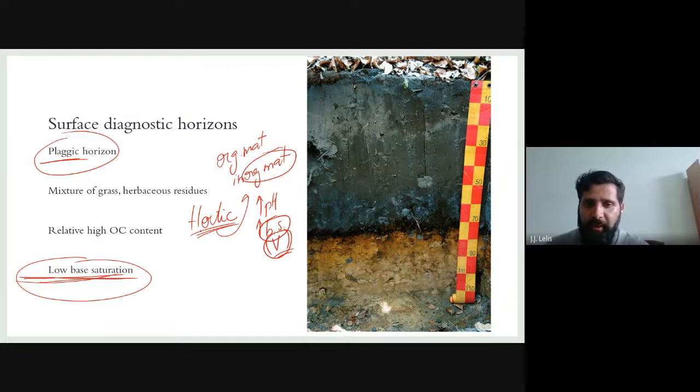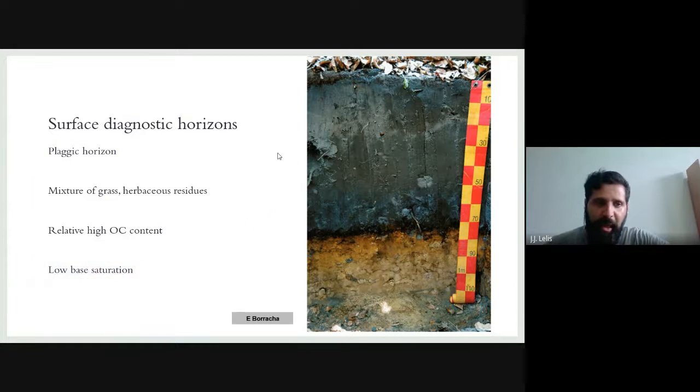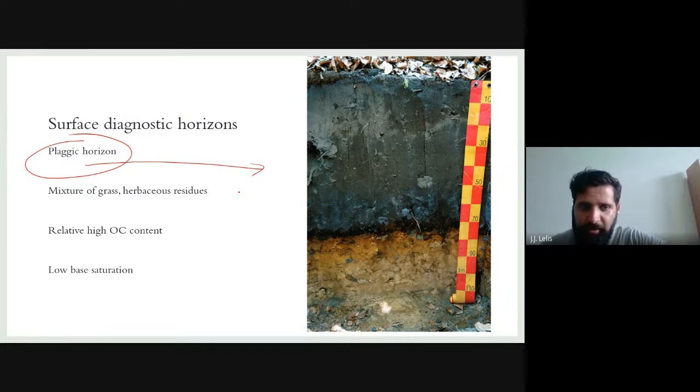So the Arctic horizon presents a high base saturation and a high pH because the humans incorporate inorganic materials like limestone, and so we can see a dark horizon but with a high pH. In the pelagic horizon, we just incorporate organic residues, so the pH is still low or can even be more acid because the organic matter produces acid, produces hydrogen.